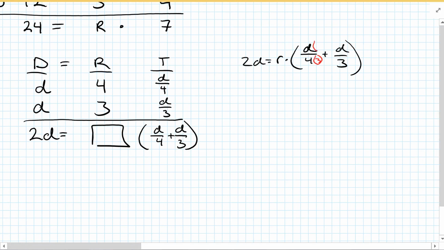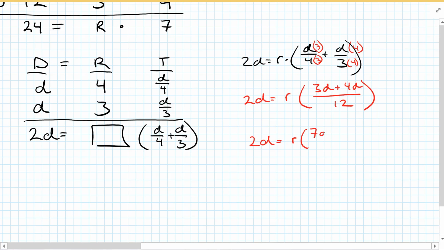If I multiplied the first one by 3 over 3 and the second one by 4 over 4, I'm going to have a denominator of 12. So it's going to be 2d equals r times 3d plus 4d all over 12. So I could rewrite that as 2d equals r times 7d over 12.